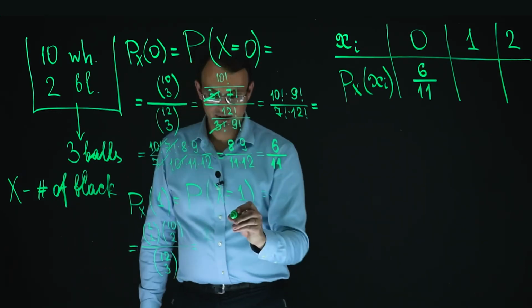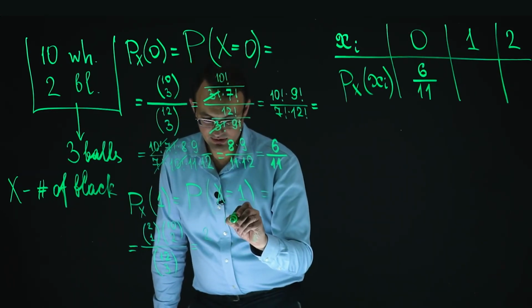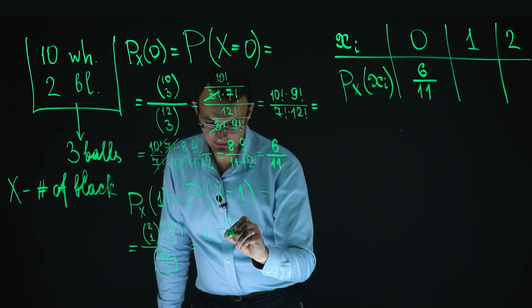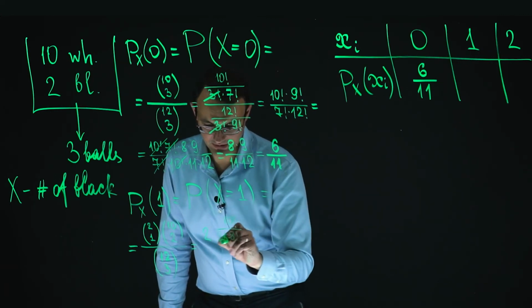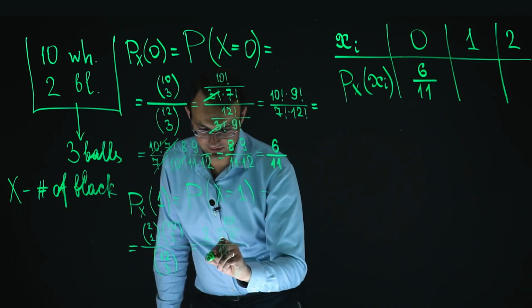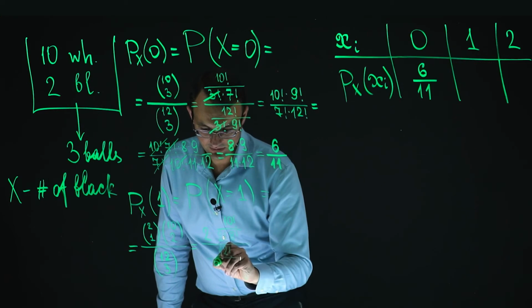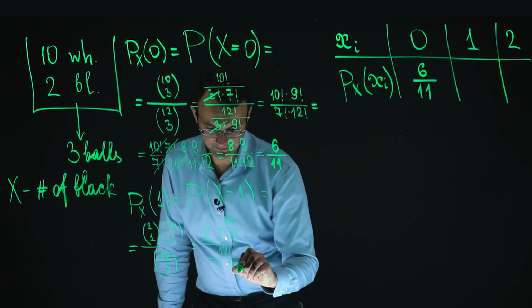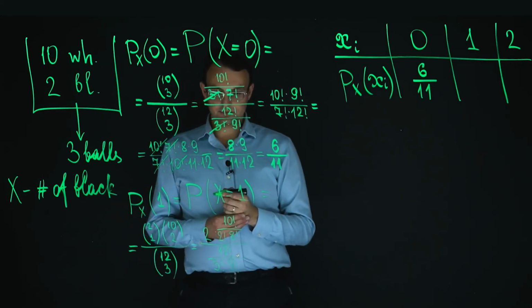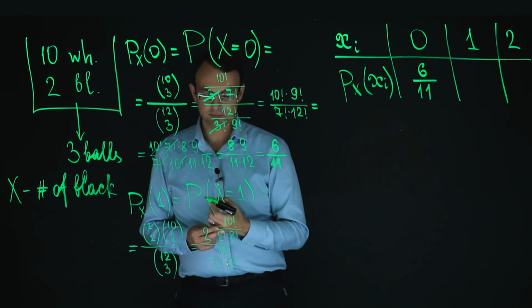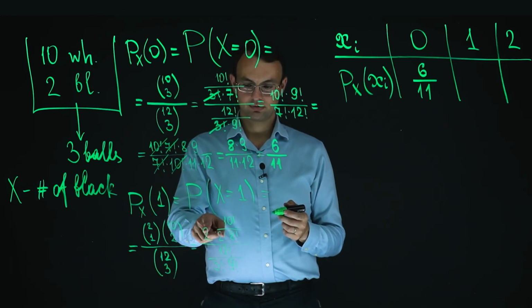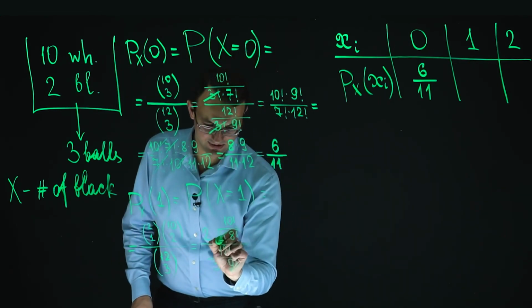What do we have here? Here we have 10 factorial divided by 2 factorial times 8 factorial. And here we have 12 factorial divided by 3 factorial times 9 factorial. As 2 factorial is simply 2, this is cancelled.